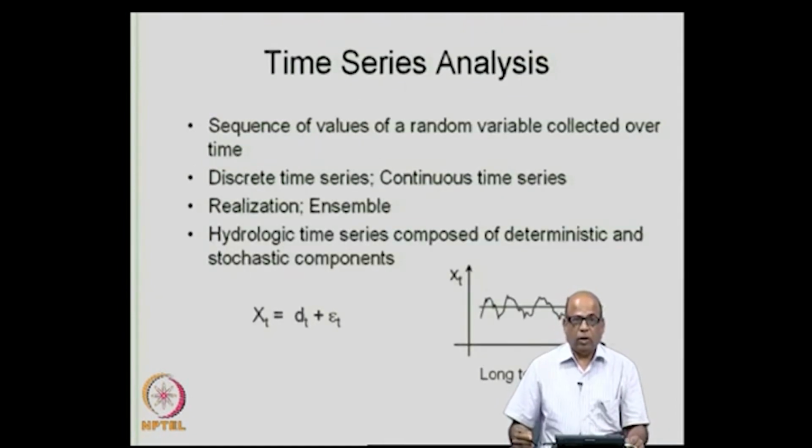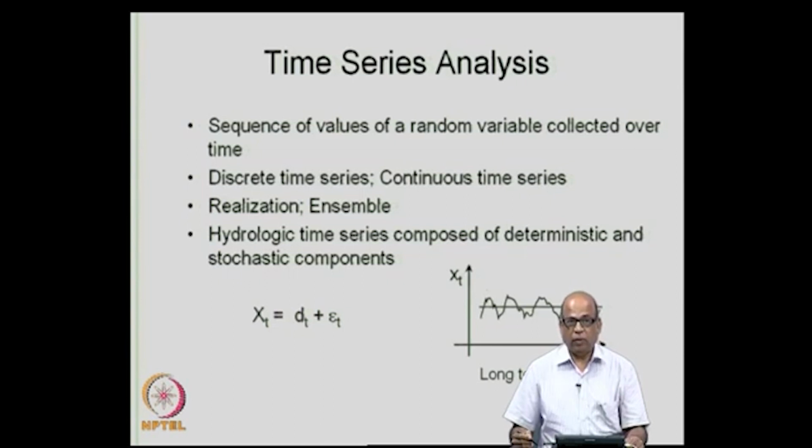In the last class we first defined what a time series is: a sequence of values of a random variable collected over time. Although we keep emphasizing collection over time, it can also be over space. For example, we may have rainfall sequences across a space.